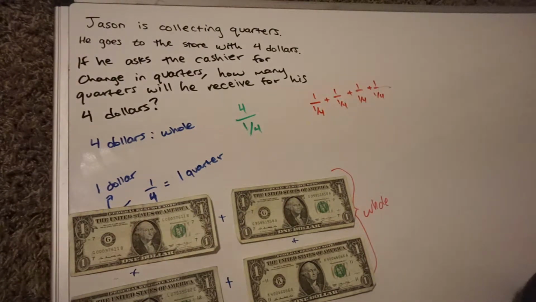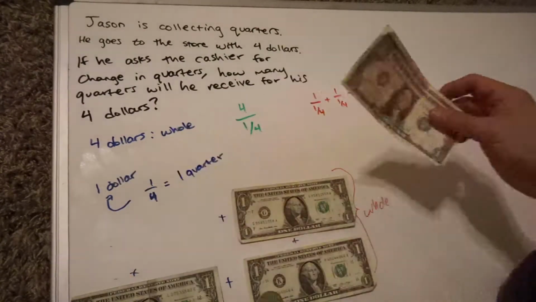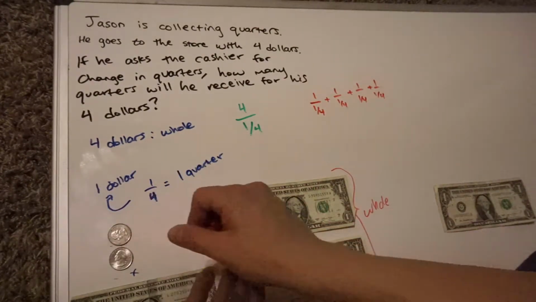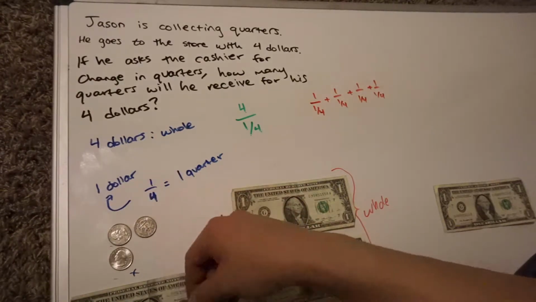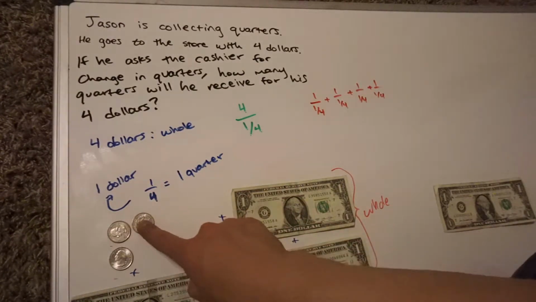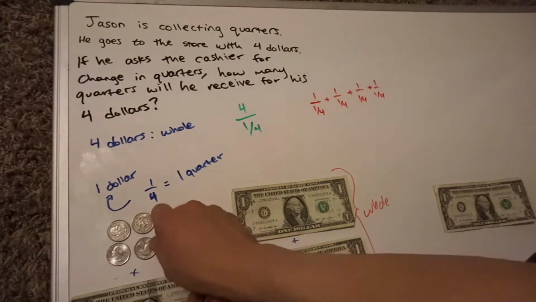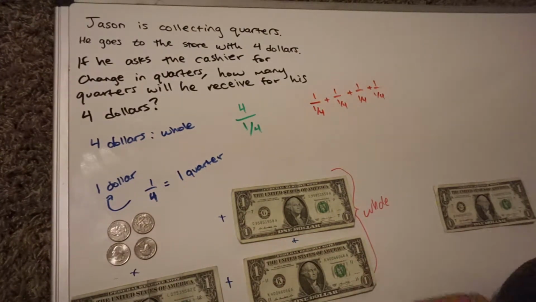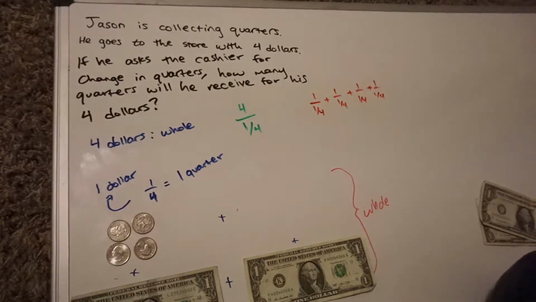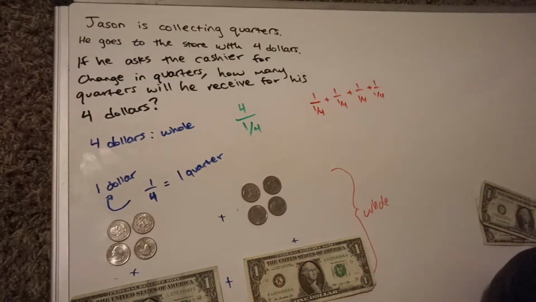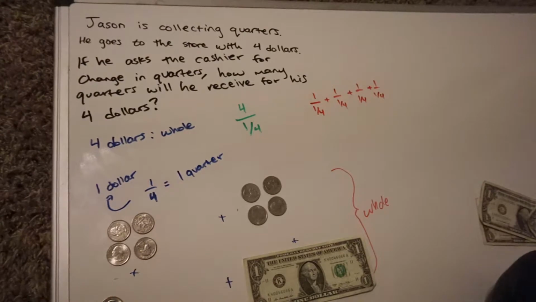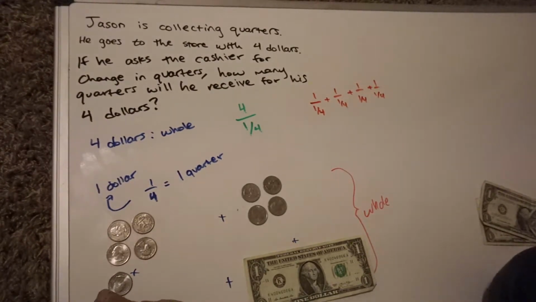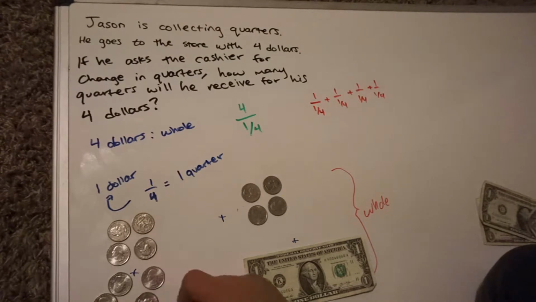Now we have some quarters here, so let's make that substitution. We know that there are 4 quarters in a dollar by our unit fraction, 1/4 plus 1/4 plus 1/4 plus 1/4 equals $1. So we're going to do that for our remaining dollars here: 1, 2, 3, 4.